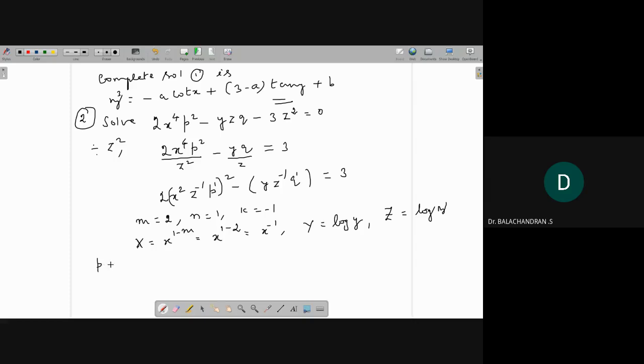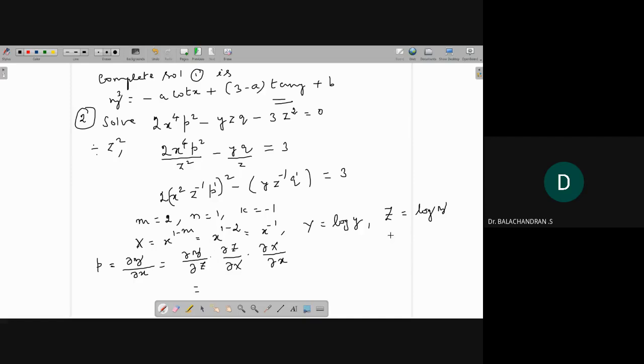P equal to dou z by dou x, small x, equal to dou z by dou capital Z into dou capital Z by dou capital X into dou capital X by dou small x. So dou z by dou capital Z is what?